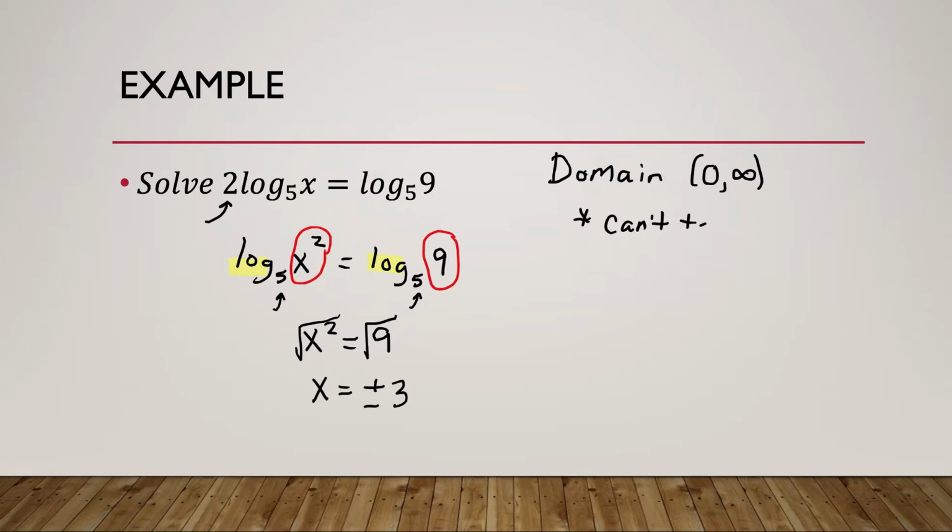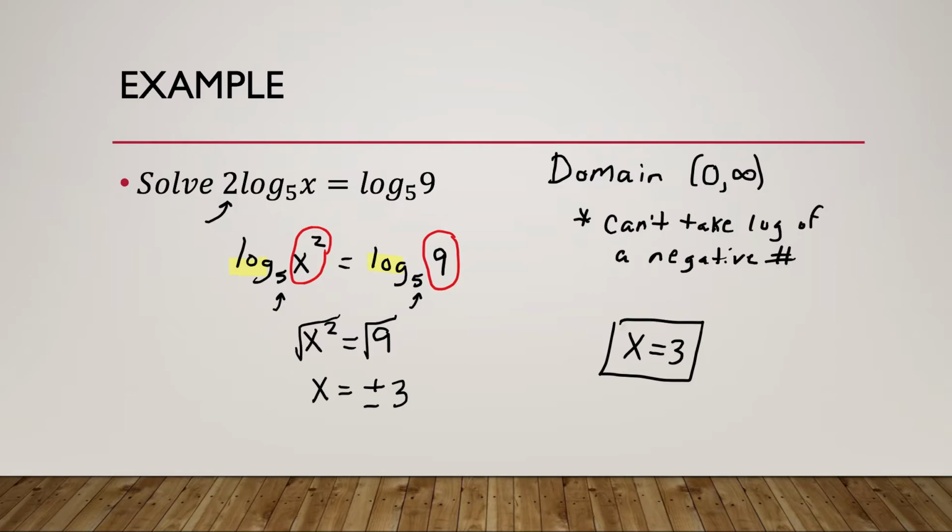So can't take log of a negative number. It will simply give you something that's undefined. So even though when I work my problem out, I get a positive and a negative 3, the only solution that's going to work is going to be the positive 3. Because if I were to put the negative 3 in for the x and then try to take the log of it, we would get an error.